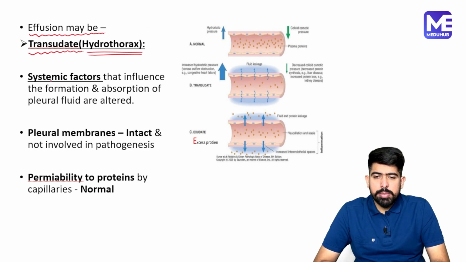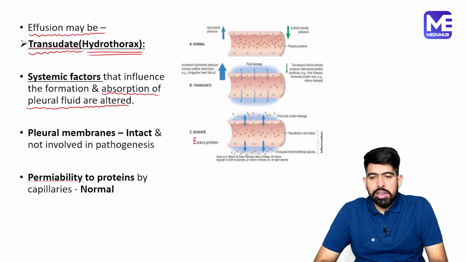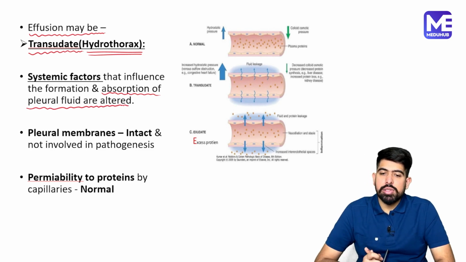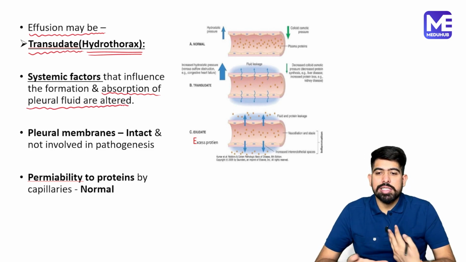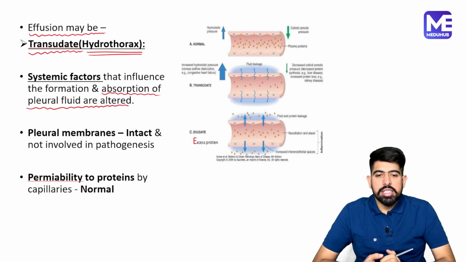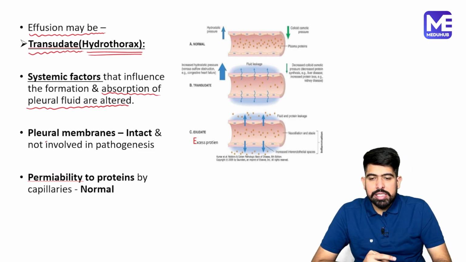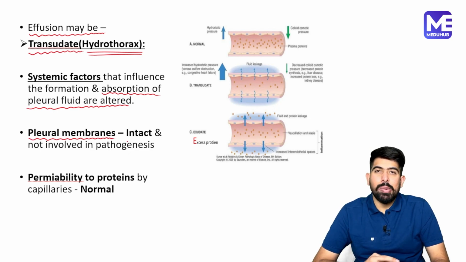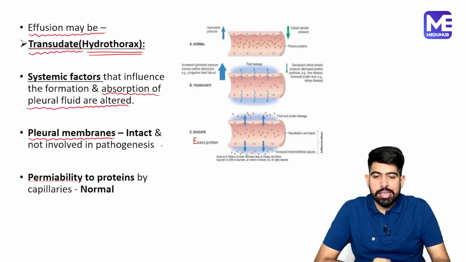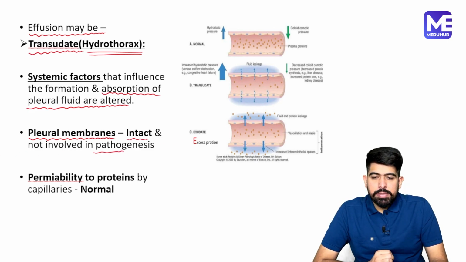And some more systemic factors that influence the formation and absorption of pleural fluid are altered. Maybe some systemic factors can cause systemic diseases that disturb these factors, right? So you can see the pleural membranes are intact and not involved in the pathogenesis, right?